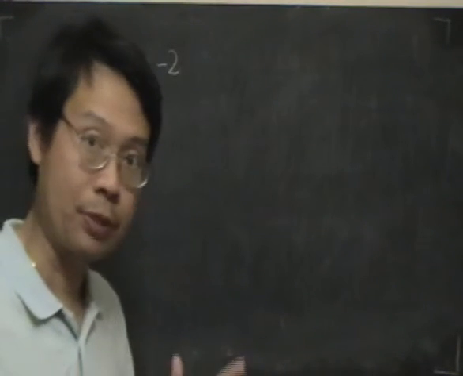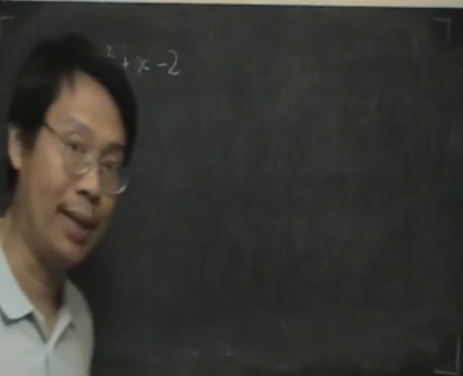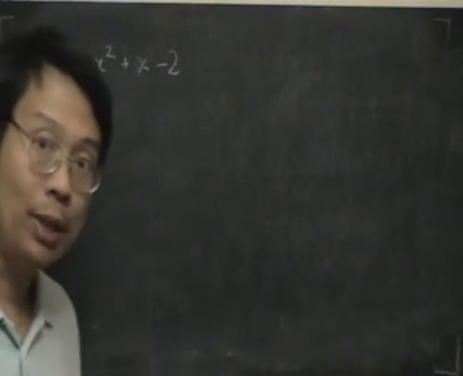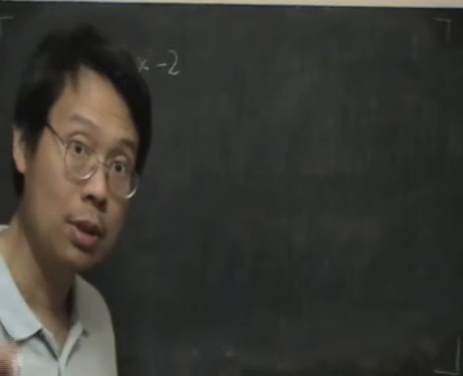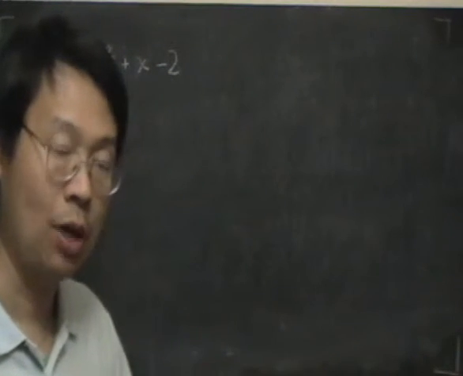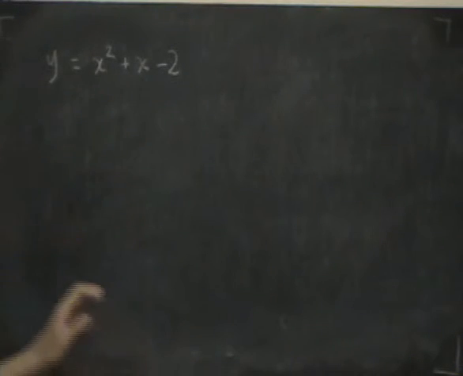As I've mentioned before, if there is an x squared in the equation, then when I plot this graph, I will get a curve. The graph would be a curve. It would not be a straight line.